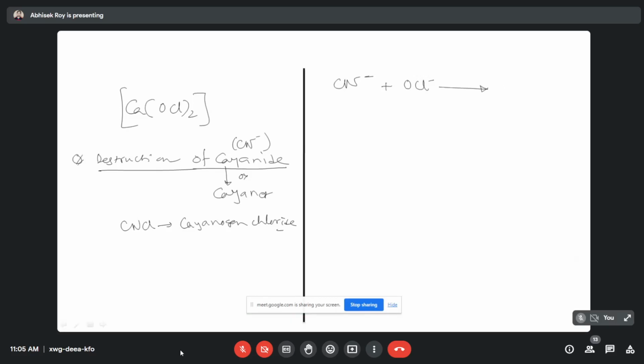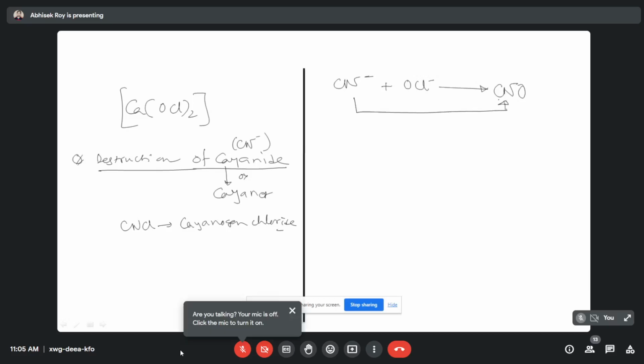Okay, the CN minus plus OCl minus will generally be converted to CNO. So from CN to CNO there is oxidation, right? Oxidation is happening, and OCl minus goes to Cl minus.